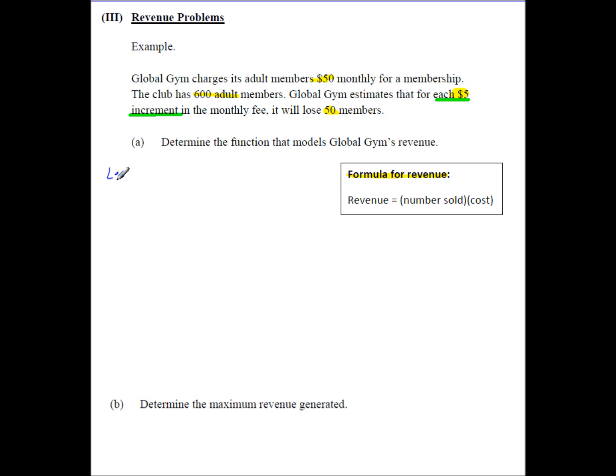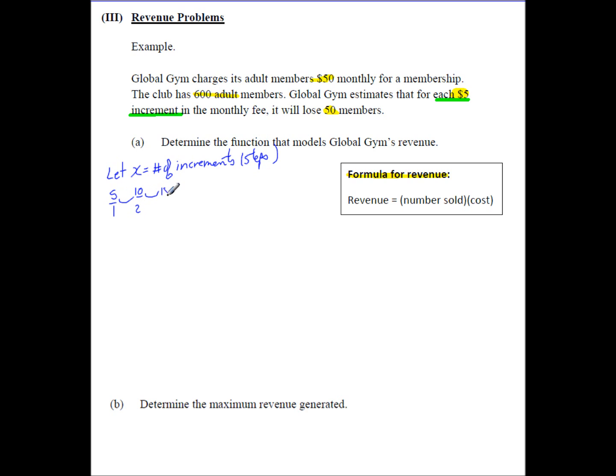So now we're going to say let x equal the number of increments or steps. If the fee went up $5 the first time, that would be one increment. If it went up to $10, there had to be two increments. It went to 5, went to 10.